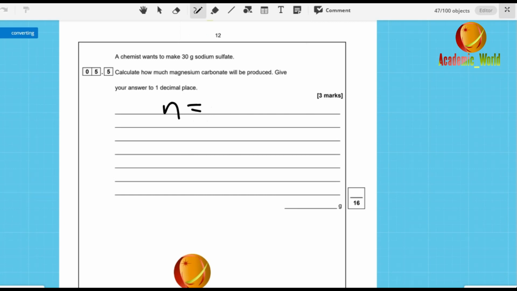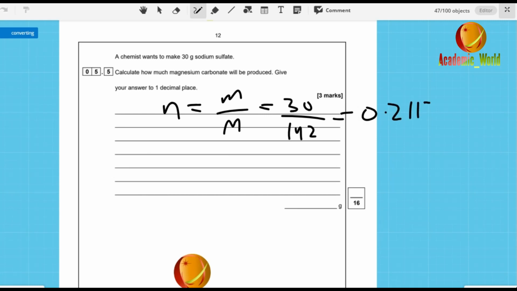So n is equal to mass divided by the molar mass. So that is equal to mass 30 divided by the molar mass 142, that is equal to 0.2113, and then you have to find the mass of magnesium carbonate that is produced.